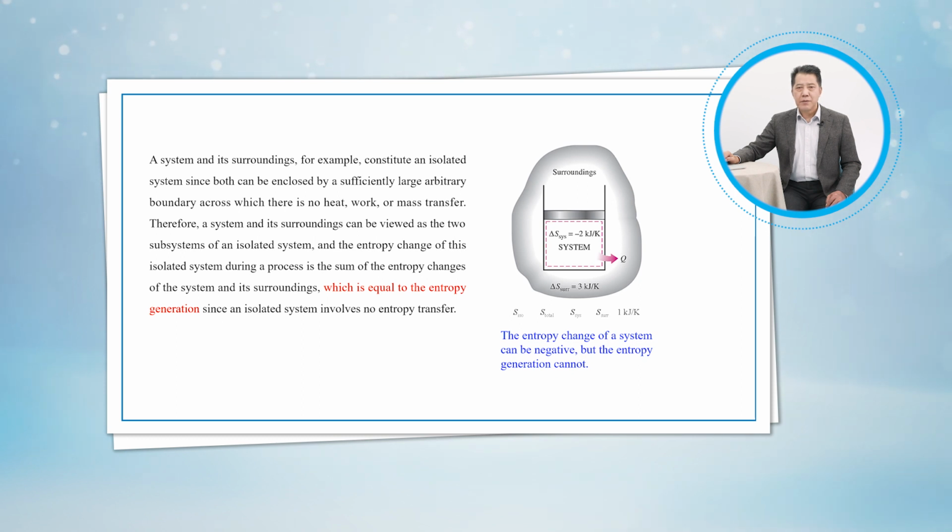Therefore, a system and its surroundings can be viewed as the two subsystems of an isolated system, and the entropy change of this isolated system during a process is the sum of the entropy changes of the system and its surroundings, which is equal to the entropy generation, since an isolated system involves no entropy transfer.